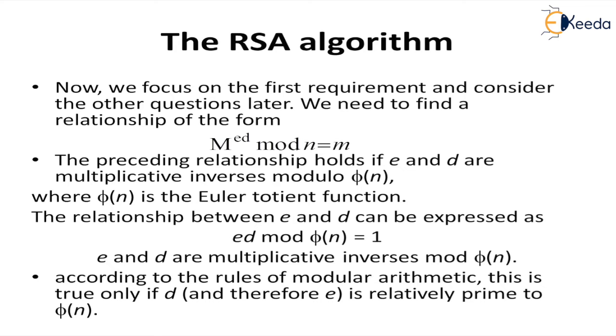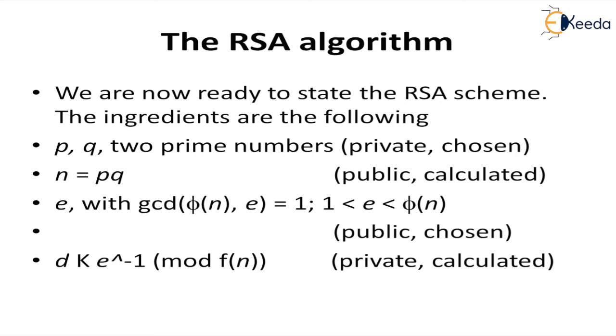The relationship between E and D can be expressed as ED mod phi of n is equal to 1. So E and D are multiplicative inverses mod phi of n. According to the rules of modular arithmetic, this is true only if D, and therefore E, is relatively prime to phi of n. We are now ready to state the RSA scheme.